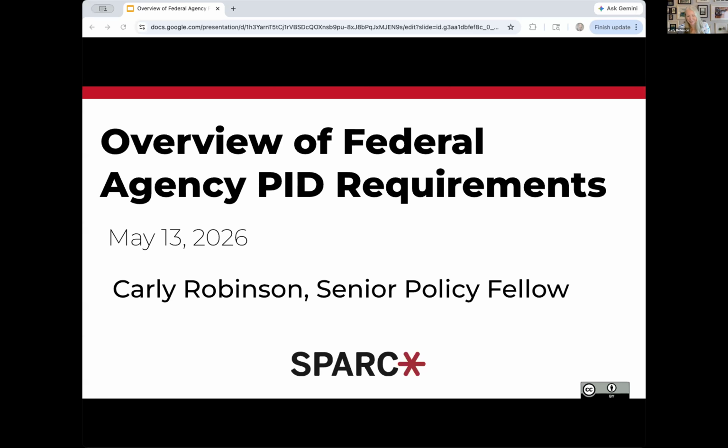What this memo requires is that agencies collect and make publicly available metadata describing scholarly publications and data research outputs. That metadata should include the author names as well as their associated persistent identifiers, so that's ORCID IDs, and the authors' affiliations and persistent identifiers, which at this point most agencies are using ROR, Research Organization Registry, identifiers.